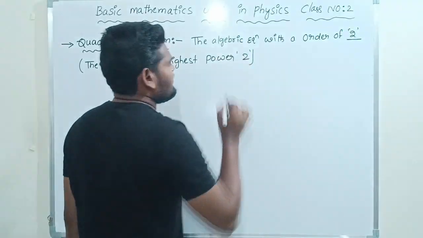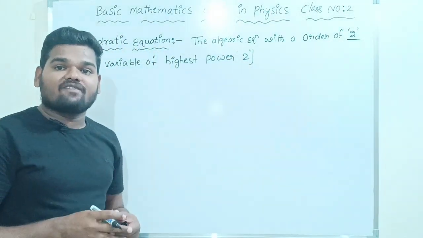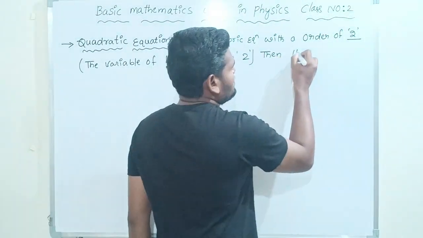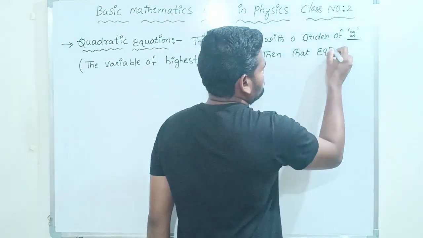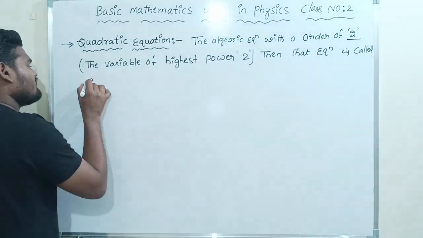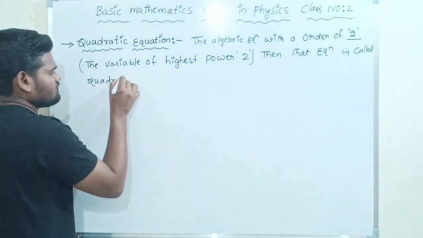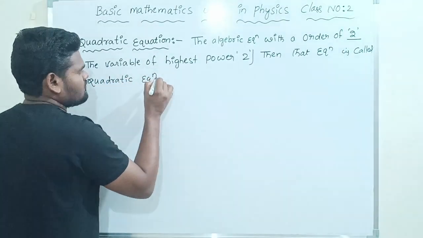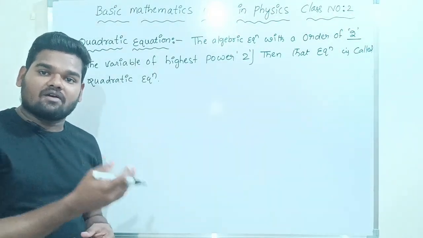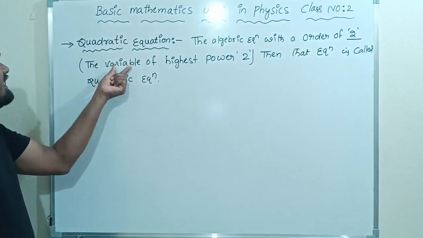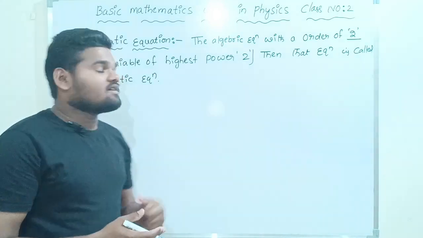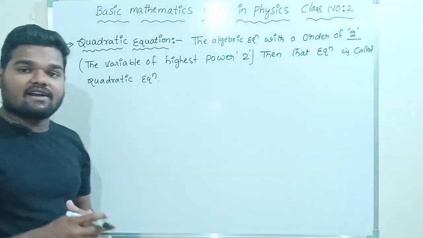So whatever the variable taken in the algebraic equation, its power must be how much? 2. Then that equation is called a quadratic equation. Is it clear? So the algebraic equation of order 2, or whatever the variable we take in a quadratic equation, its highest power must be 2. Then such a type of equation is said to be a quadratic equation.